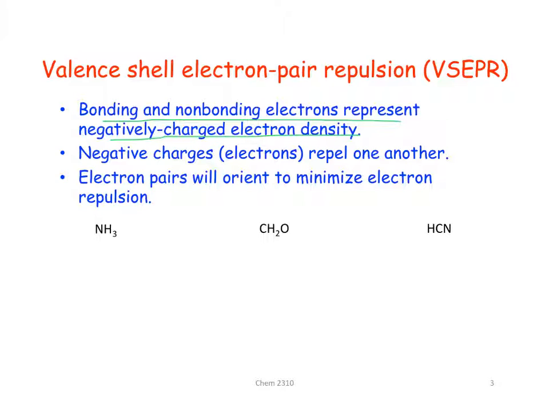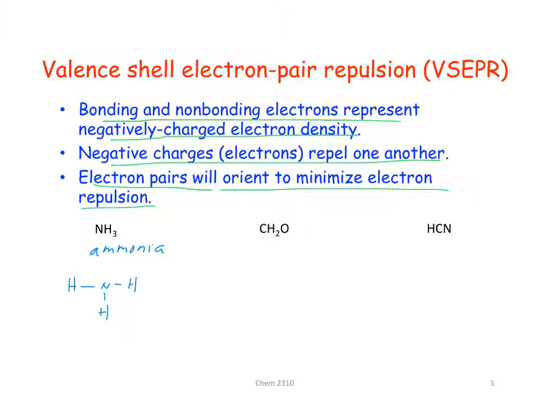The difference here is that they can also include non-bonding electrons, and these negatively charged electrons repel each other, so these electron pairs are going to orient themselves to minimize this electron repulsion. Here are a few more examples, and this is ammonia. If nitrogen has 3 hydrogens on it, what else is it going to have attached to it?